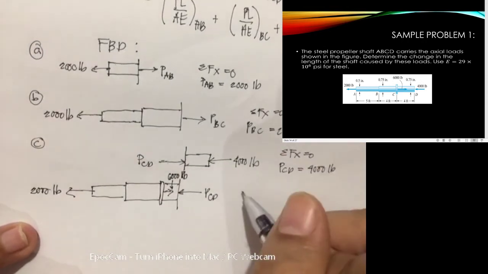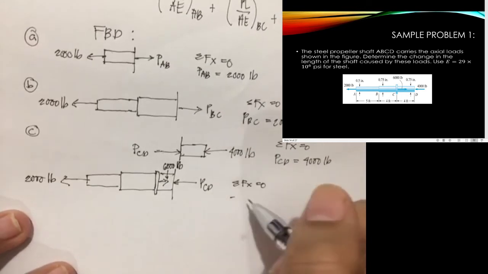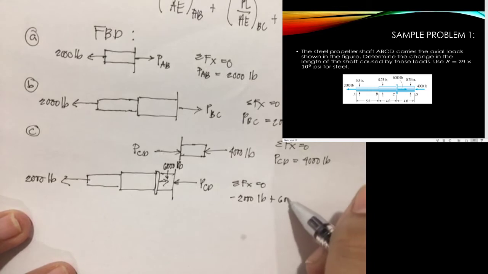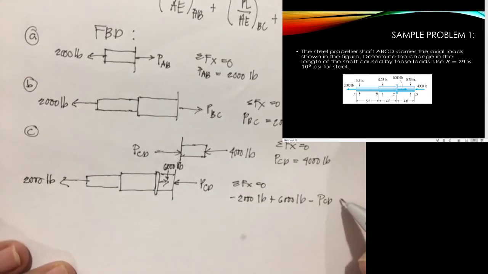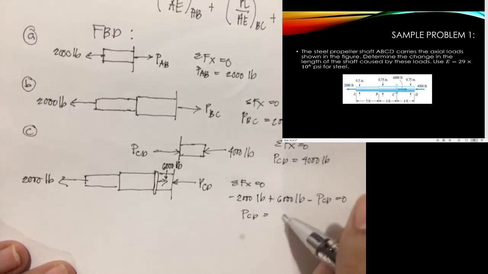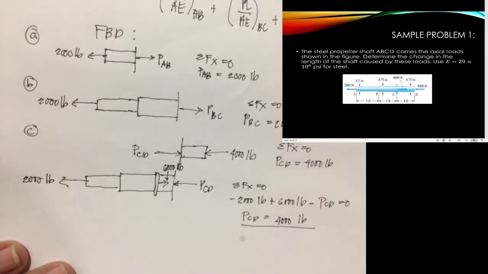Okay? So now, summation of forces in X equals 0. We have negative 2,000 pounds plus 6,000 pounds minus PCD equals 0. And that will also give you the same answer. Okay? Plus 4,000 pounds.